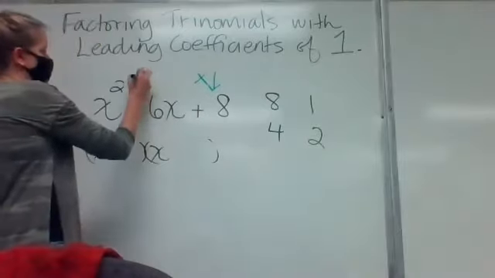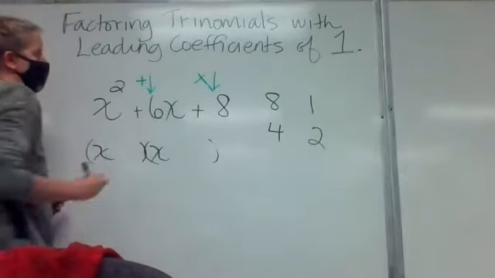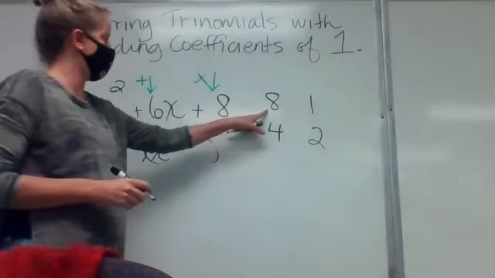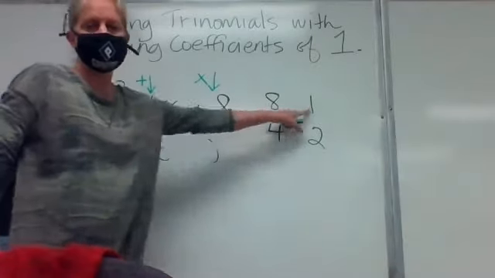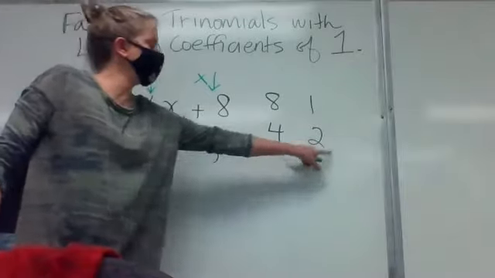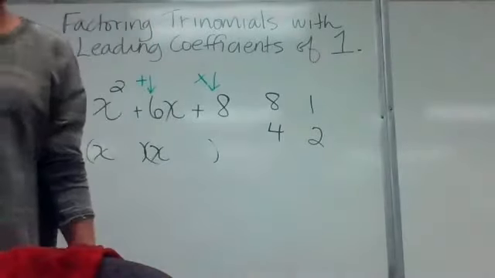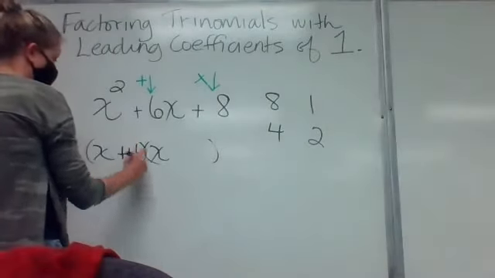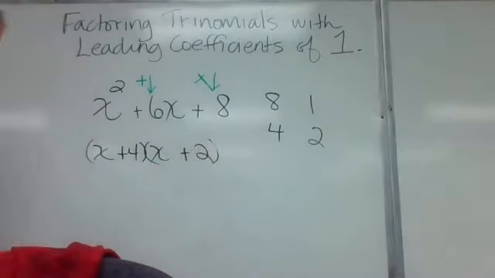After they multiply to give me 8, then they need to add to give me that middle number. So let's see. Does this add to 6? 8 and 1? No. Does 4 and 2 add to 6? Yes, it does. So I'm using a positive 4 and a positive 2.